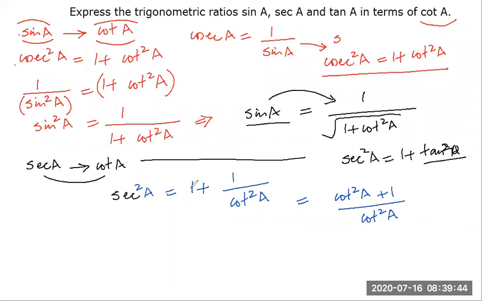Cot square A multiplied by 1, 1 multiplied by 1 divided by cot square A. Yes. So what is secant A? Yes. Mansur Kaur, can you tell what is secant A? Okay. So Sargun, please tell what is secant A? We will take the square root.